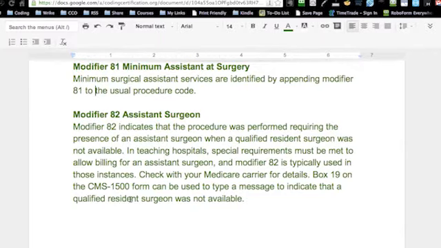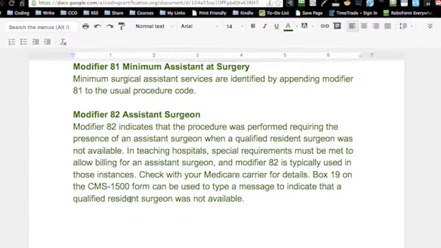Now, if in your facility there are no trained residents to assist for that surgery, then they will let a non-resident physician be an assistant, and they have to use modifier 82 because it puts the onus on them to say, we've got documentation that none of the residents that we currently had on staff were qualified.